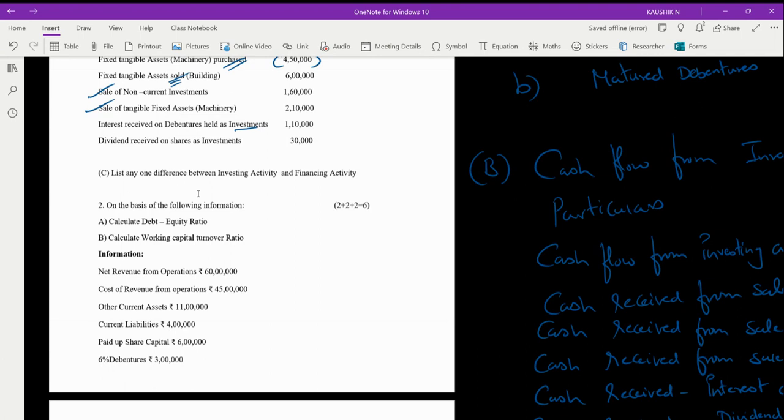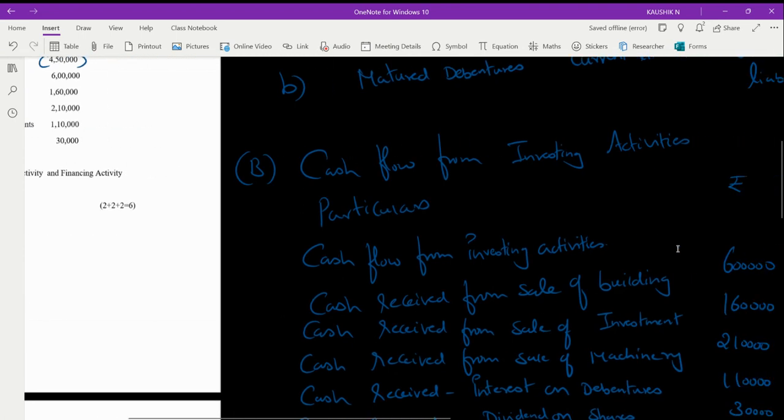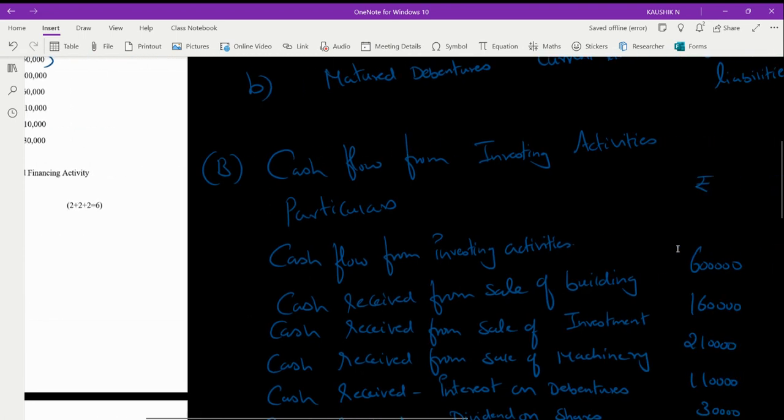So, acquisition is nothing but purchase. Purchasing the fixed asset is what they mean here as acquisition of your fixed assets, otherwise called long term assets, and disposal means sale. So, if you look into this B category, there is problem B. You are asked to prepare the cash flow from investing activity.